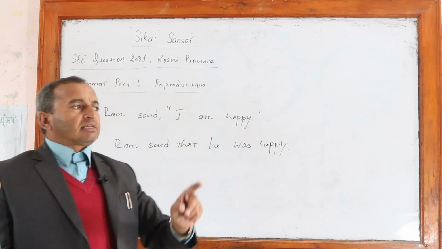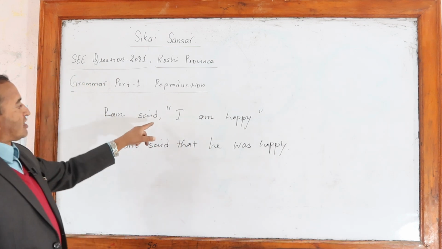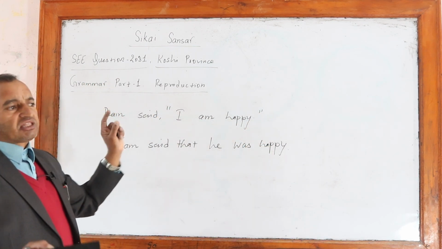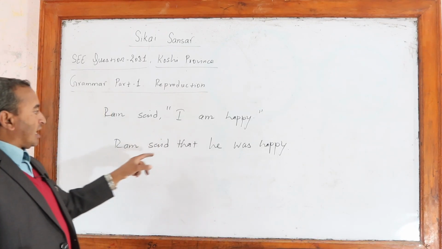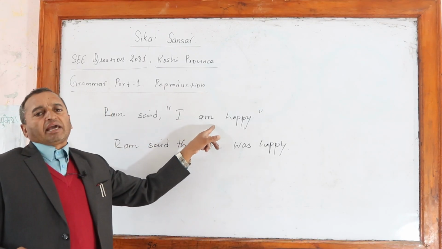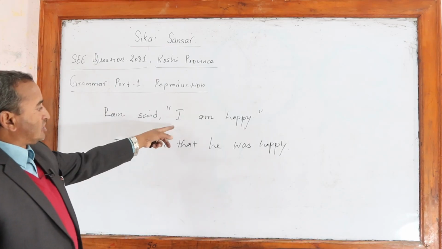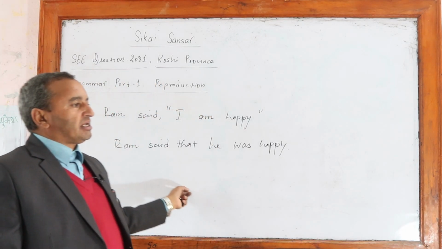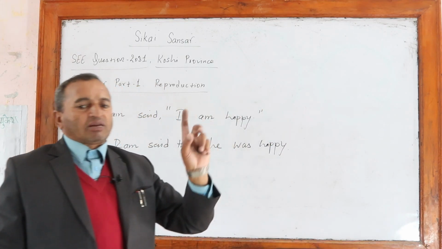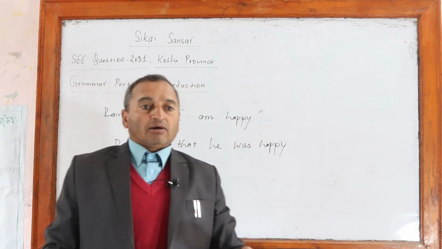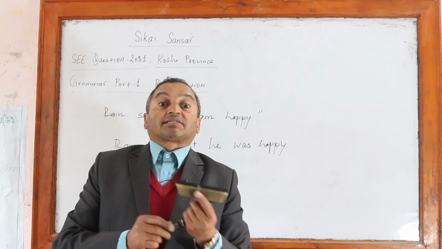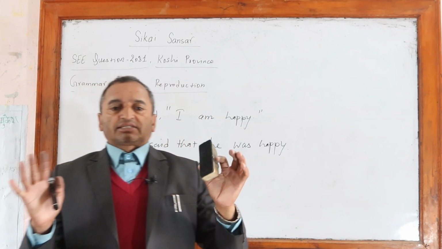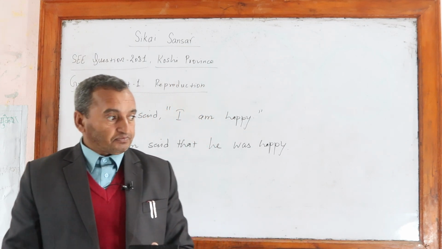Many things are changed, dear students. The comma was omitted, the double inverted commas are omitted. Hence simple present tense is changed into simple past, present continuous into past continuous, present perfect into past perfect, and present perfect continuous into past perfect continuous. Like this, the tenses are changed.